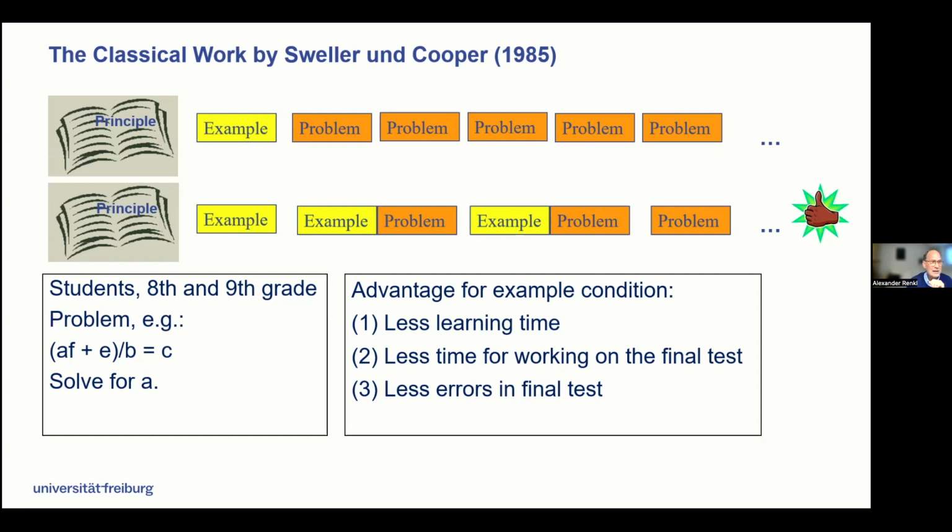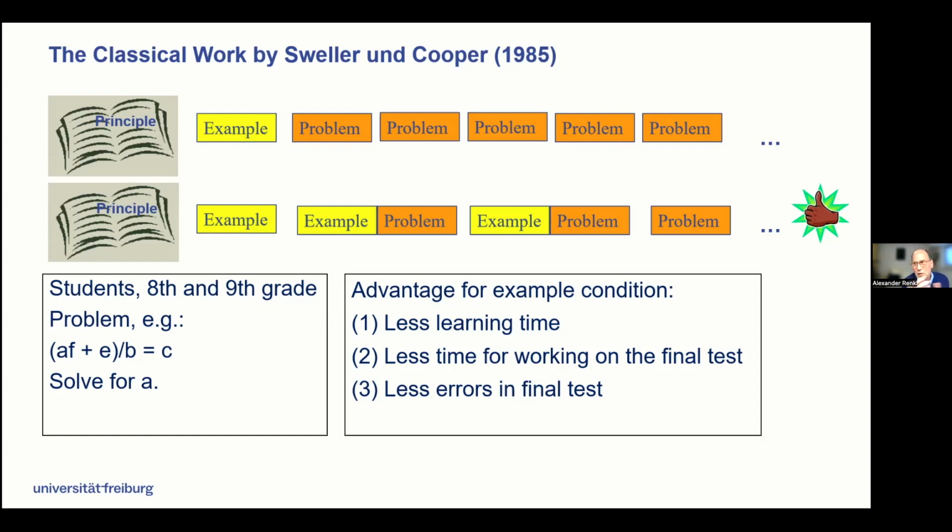And what was the finding in the classical studies by Sweller? They were typically with 8th or 9th grade students and equation solving, and they needed less learning time, less time for working on the final test where the learning outcomes were assessed, and fewer errors in the final test.